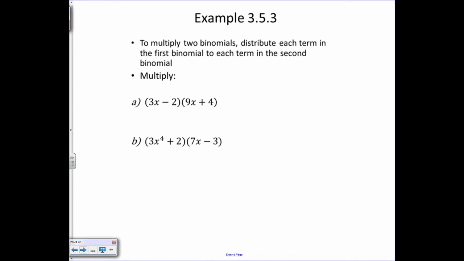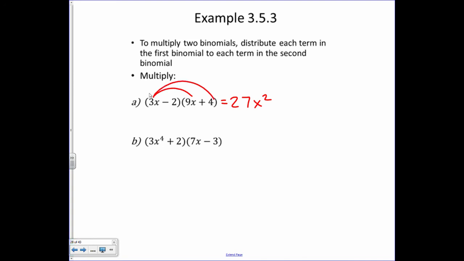If we're multiplying two binomials, we want to distribute each term in the first binomial to each term in the second binomial. So 3x minus 2 times 9x plus 4. We're going to take 3x and multiply it times 9x. Well, 3 times 9 is 27, and x times x is x squared.